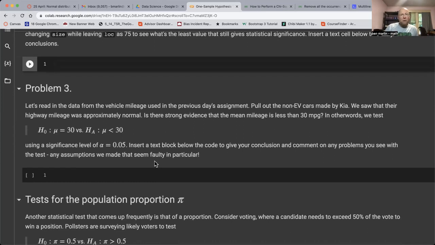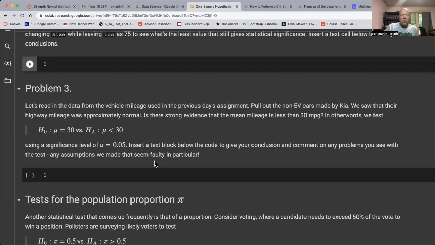And then problem number 3. If you remember from the previous days, Tuesday's assignment had you pulling in the vehicles data, and we pulled out information for Kia, just one of the car manufacturers, and we discovered that their highway mileage data looked to be approximately normally distributed.